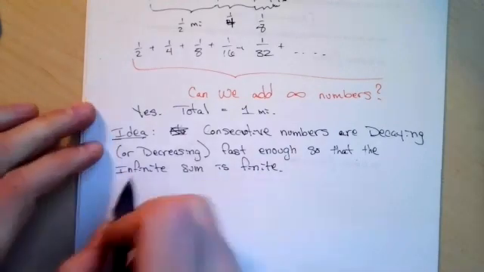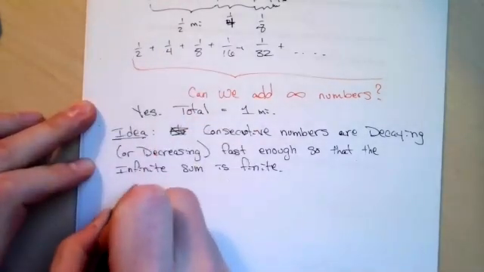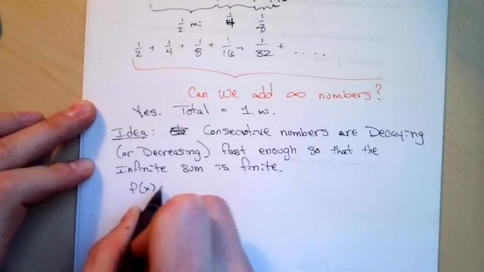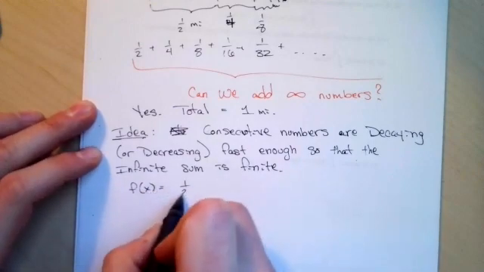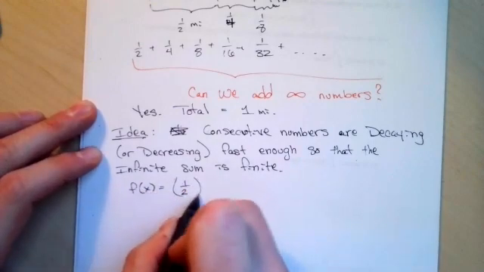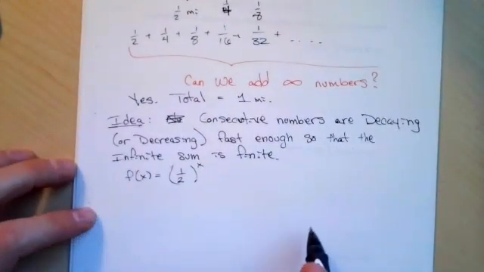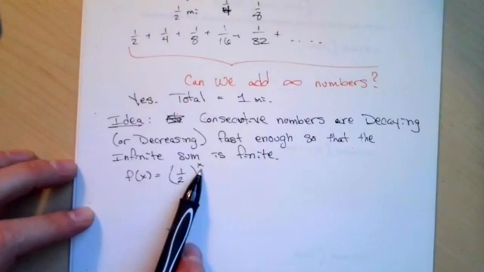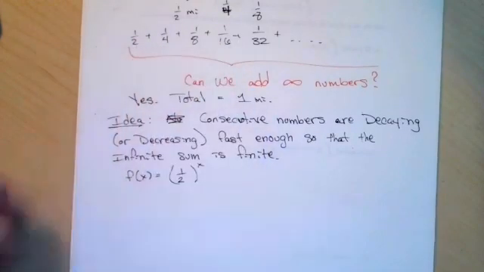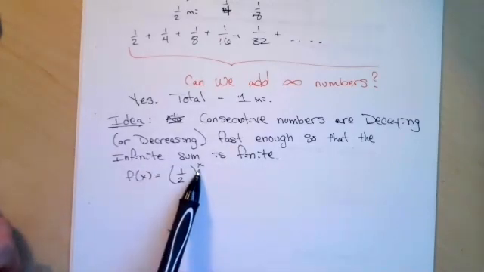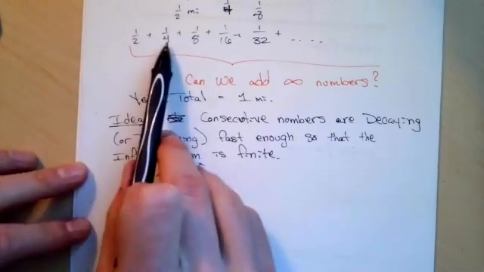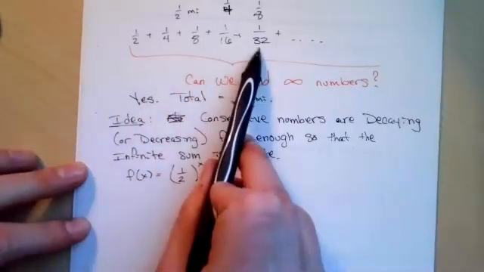And in terms of rate of decay, we might describe this function as something like 1/2 to the x. And all we're doing is taking maybe a left-hand Riemann sum starting with x equals 1. When x equals 1, x equals 2, 3, 4.